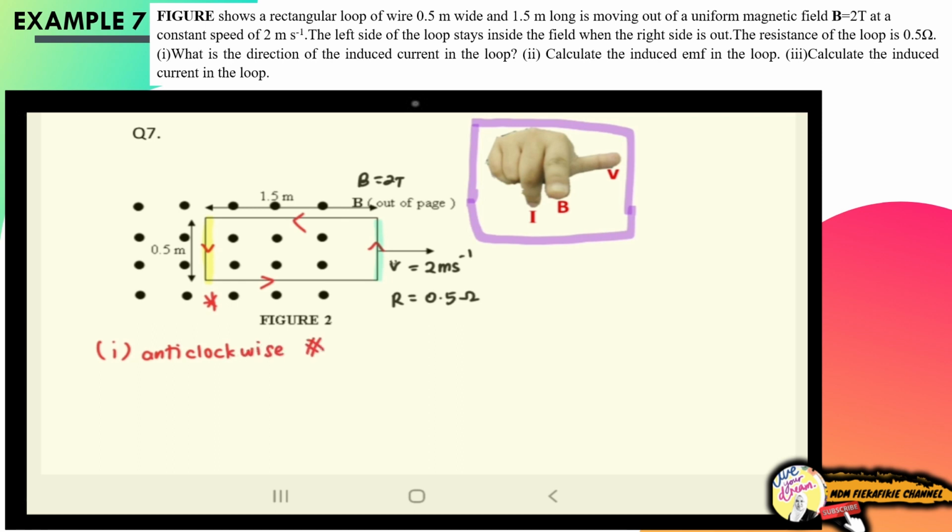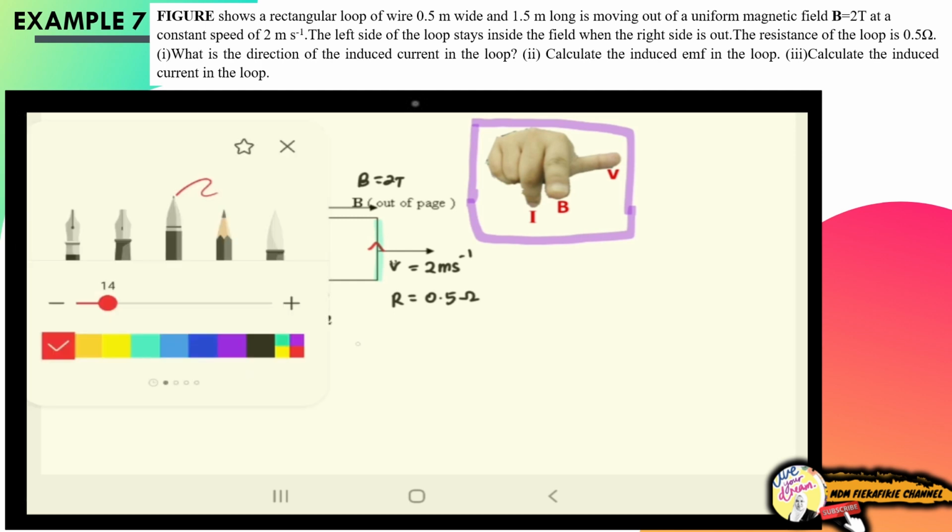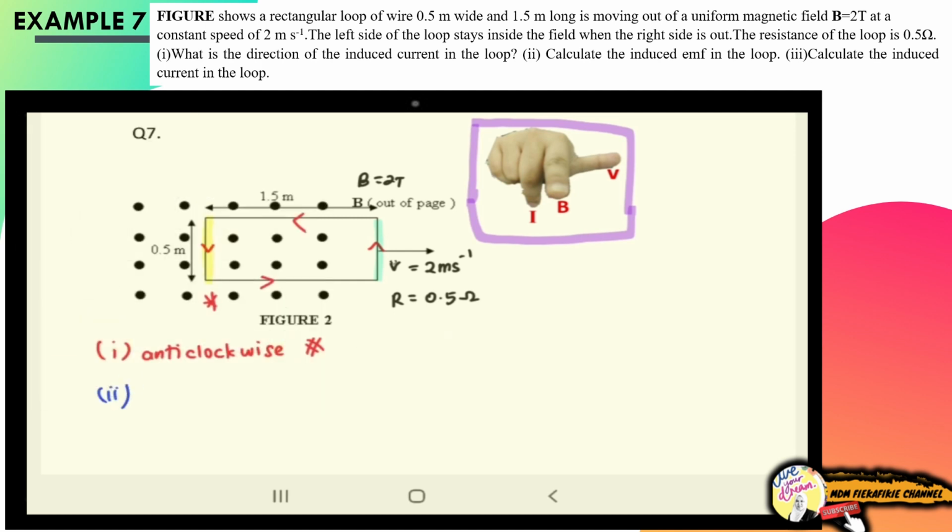Alright, so second, calculate the induced EMF in the loop. This is related to the conductor moving to the right in the magnetic field, BLV sine 90 degree. So B, so L, what is the value of L?